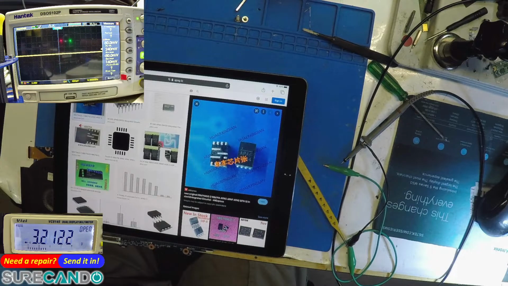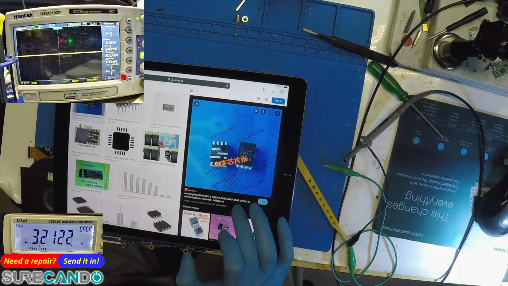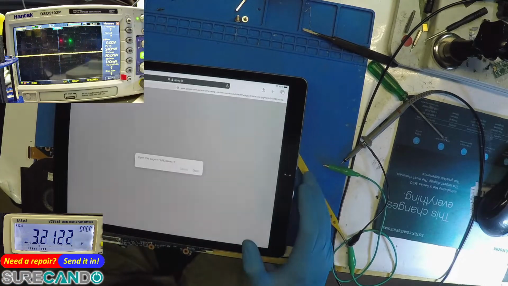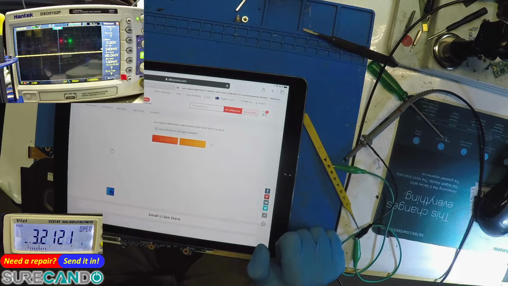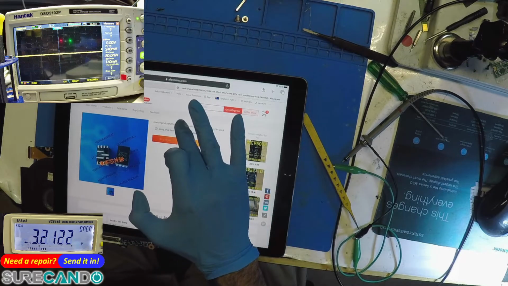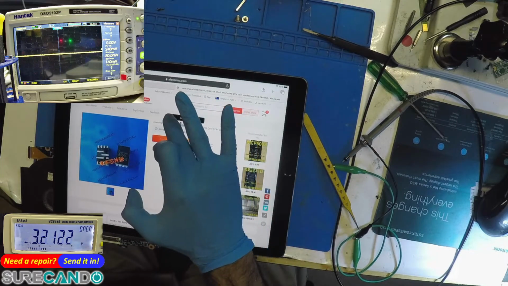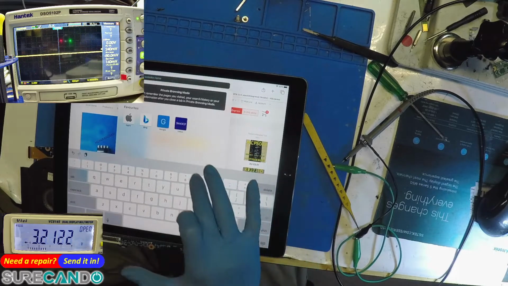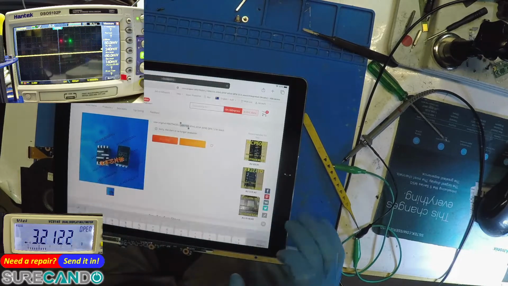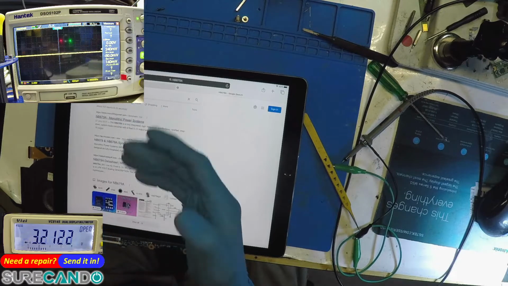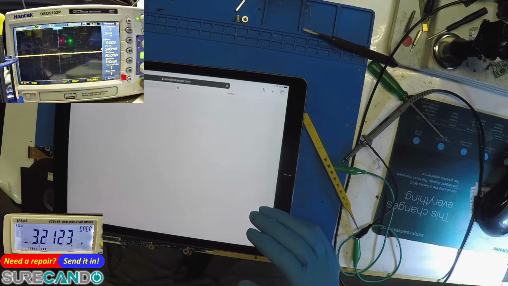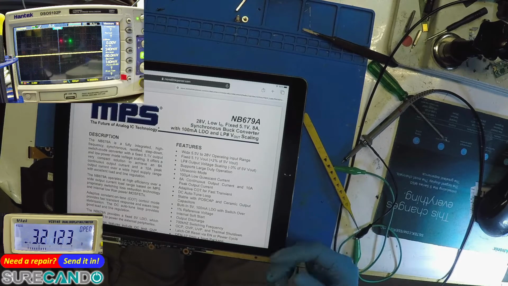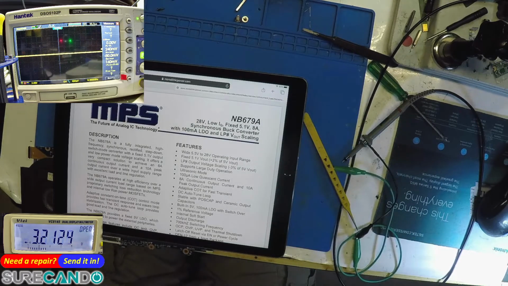Oh, I do have. No, it's a P channel MOSFET. Okay. Yeah, Monolithic Power, I was right. The naming convention. Now there may be, there may not be. Synchronous buck converter.